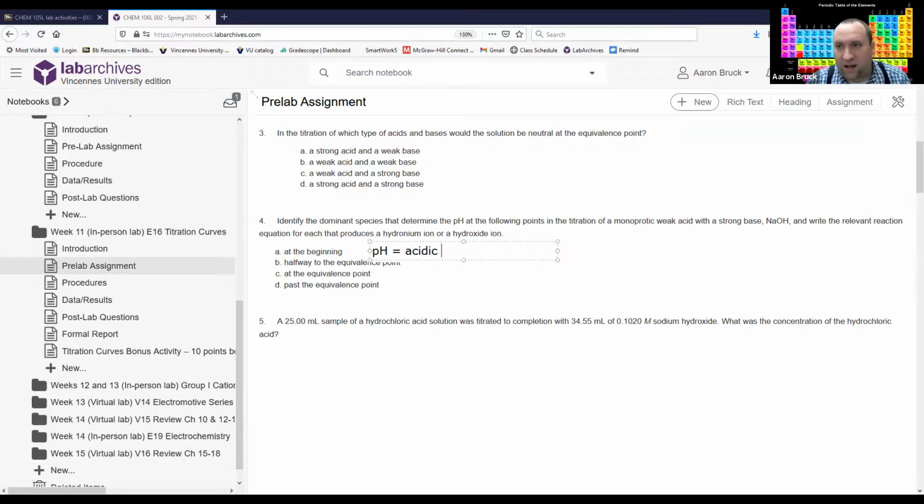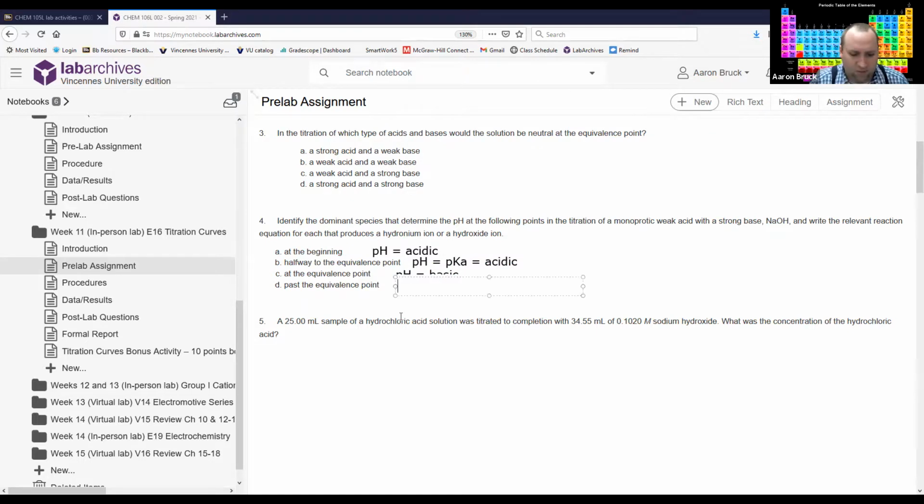So we need to identify the particle, the weak acid, we'll just call it HA, that produces that pH. Halfway to the equivalence point, we know that pH is equal to pKa, but it's still acidic. So we know what the dominant species is there. At the equivalence point, the pH is going to be basic. And so that, again, is where the conjugate base is taking over.